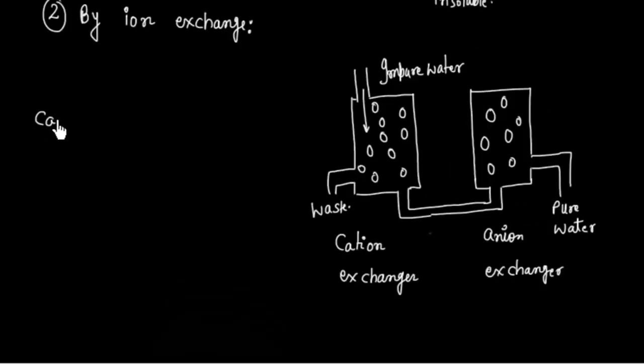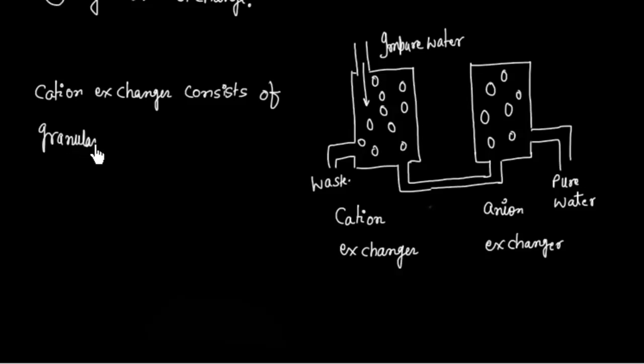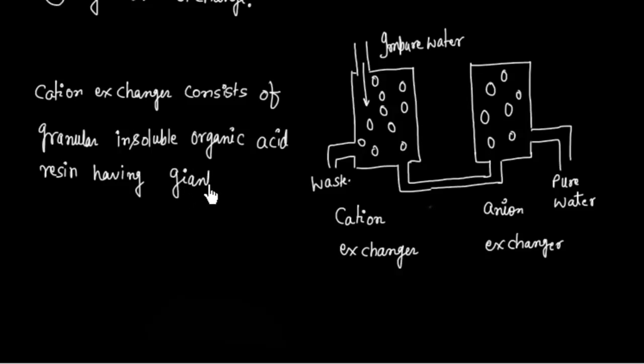I can say the cation exchanger consists of granular, insoluble organic acid resin having giant molecules with an SO3H group or COOH group attached.